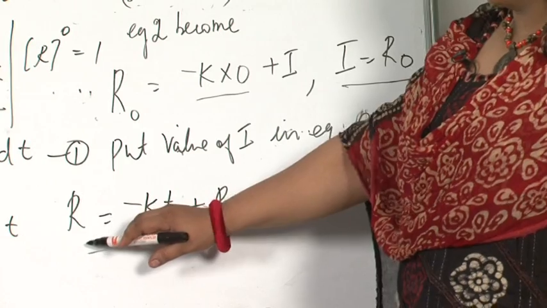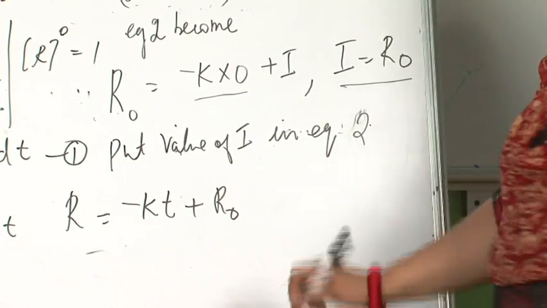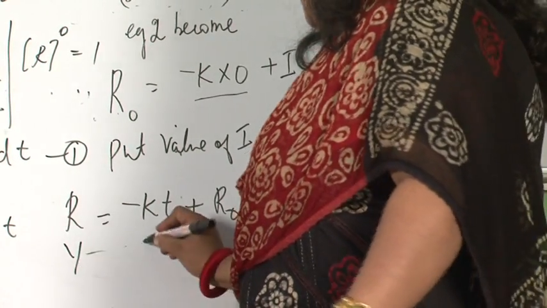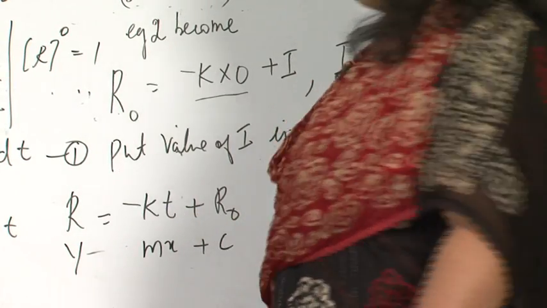This is the equation of a straight line, y is equal to mx plus c.